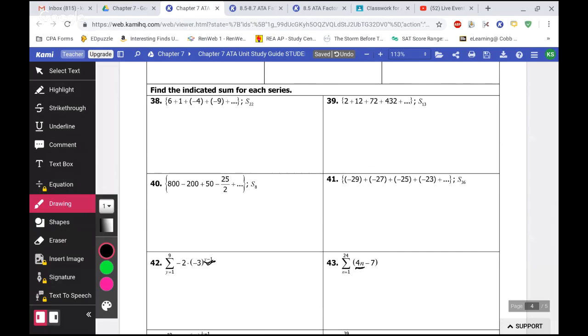Okay, so we know that number 43 is arithmetic. So our arithmetic series formula is n times the value of the first term plus the value of the last term, divided by 2, where n is the total number of terms in the series.